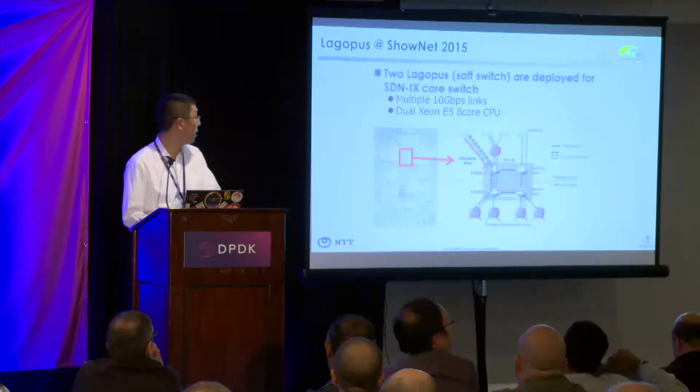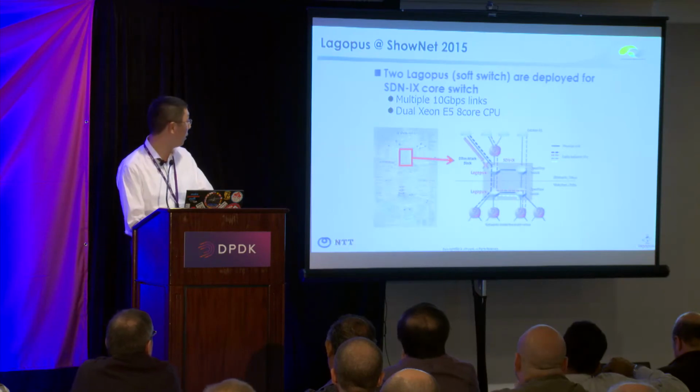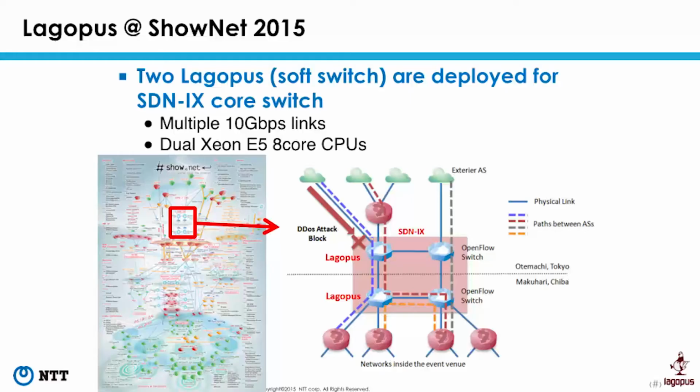So this is the venue network in Interop Tokyo. We installed 2 Lagopus software switches in the IX system, connecting 10 links with several ISPs.